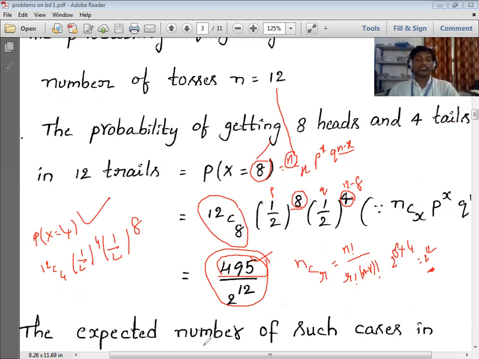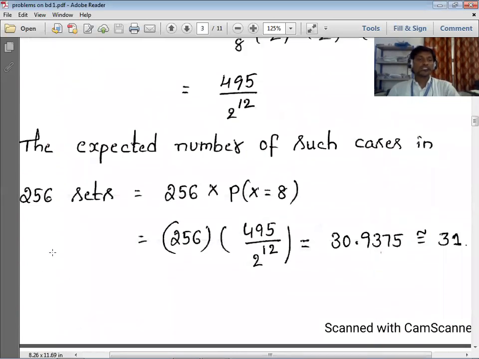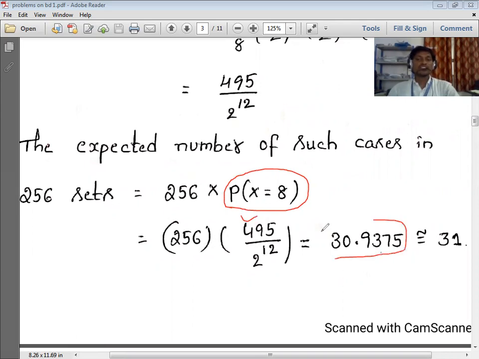Therefore, the expected number of such cases in 256 sets is equal to 256 into P of x equal to 8, or 256 into P of x equal to 4. So 256 into, already we calculated this one, so we simply substituted that value here, and by simplifying we got 30.9, which is approximately 31.